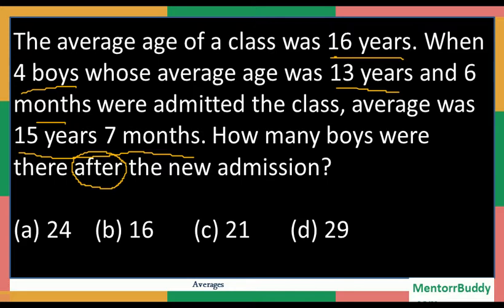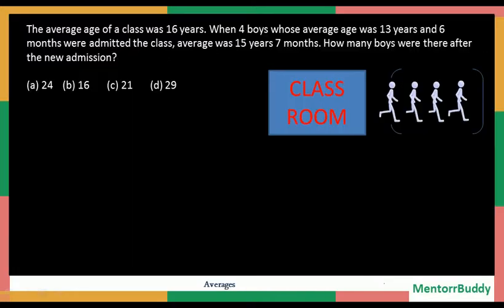Now in order to solve this question, let's understand this. Let's say this is a classroom and comprises of X number of people, and these were 4 new people who finally added to the previous classroom. Now it says the average age of the class was 16 years, implies the average age of these X people.